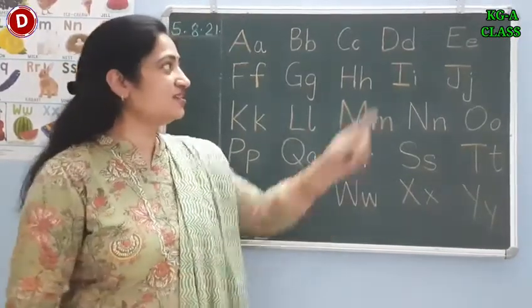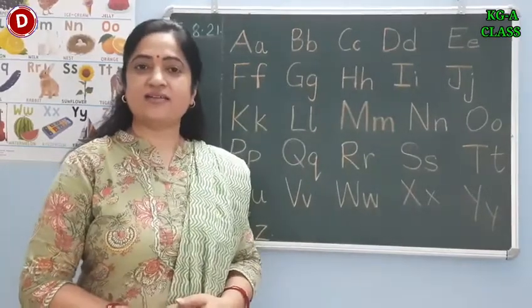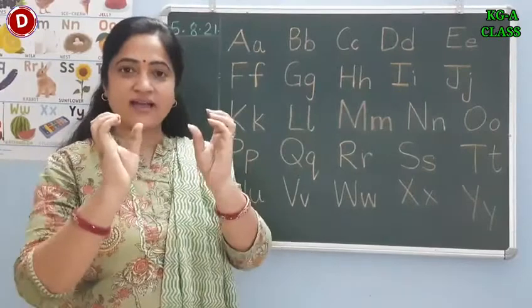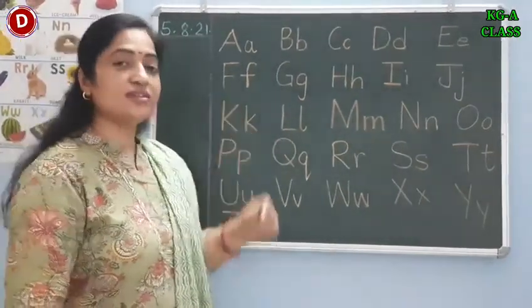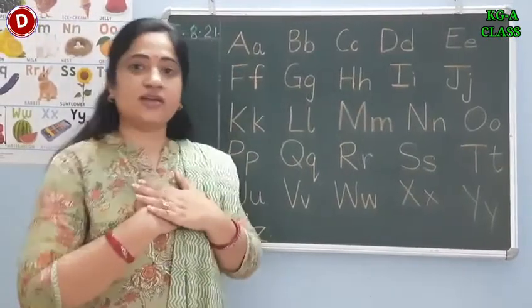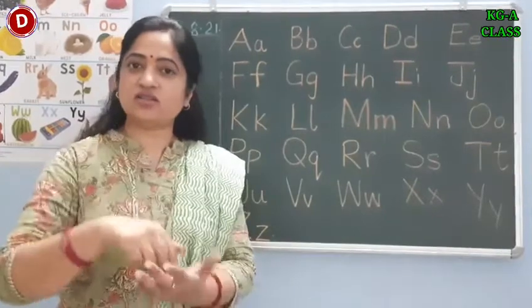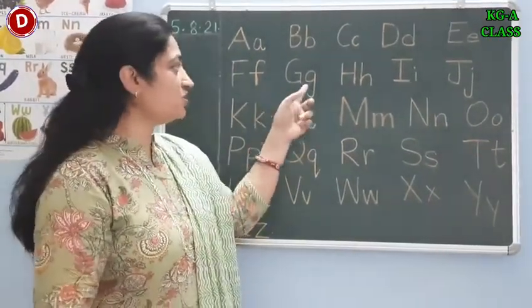D says dove. E says eh. Eggs in the pan. Cracks the eggs like this. E says eh. F says f. My friend and I went to the beach with my floating fish. It got a hole and air came out. Capital G, small g.